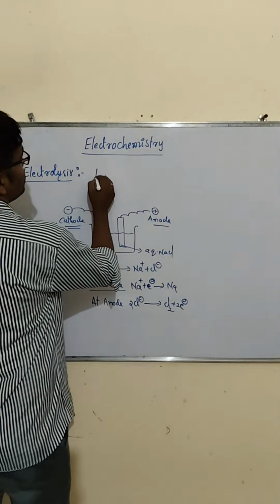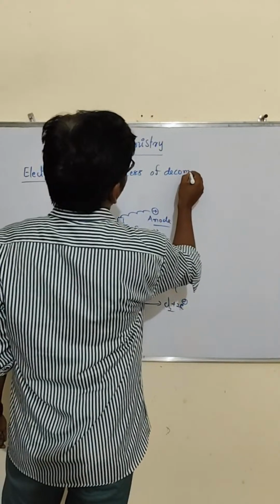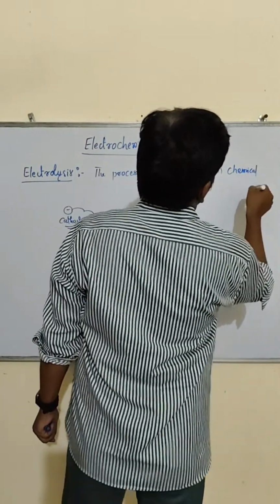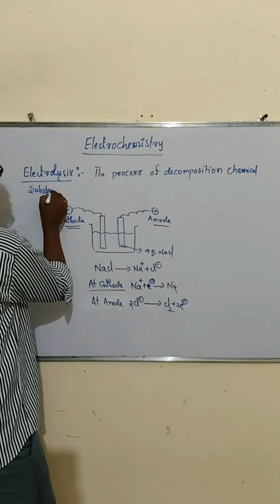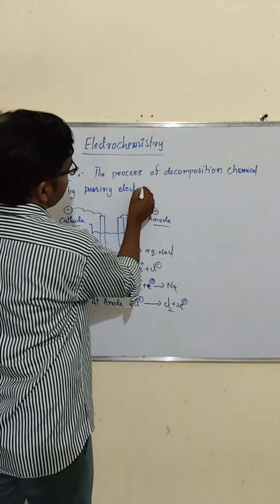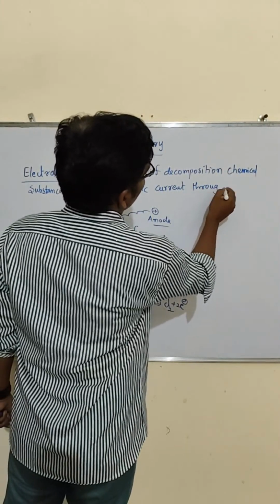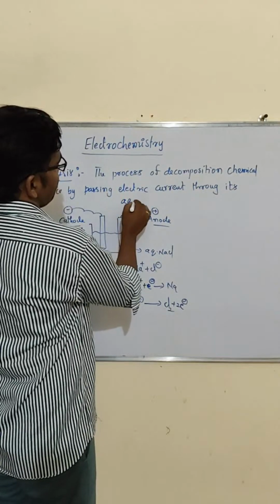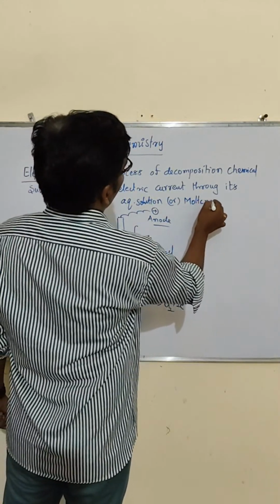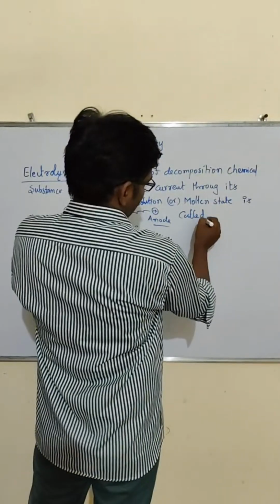So what I told: the process of decomposition of chemical substance by passing electric current through its aqueous solution or molten state is called electrolysis.